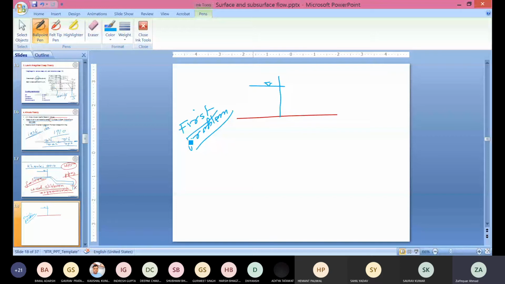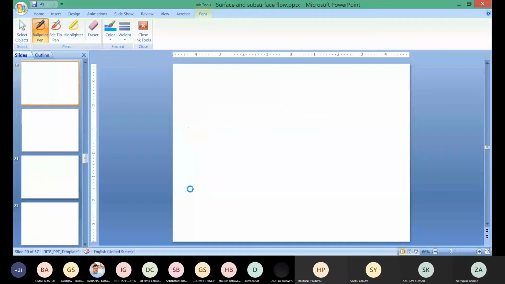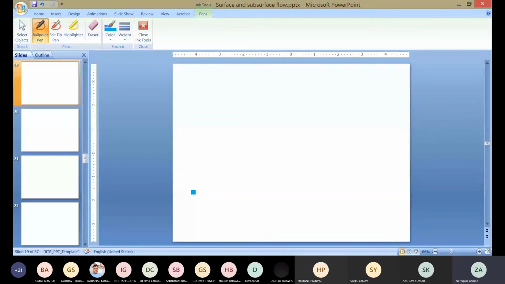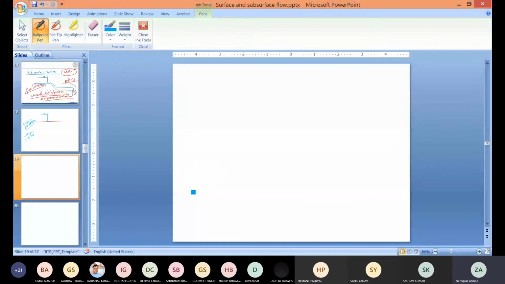And that theory is known as the Khosla method of independent variables, right? And in that, you see these methods, right?